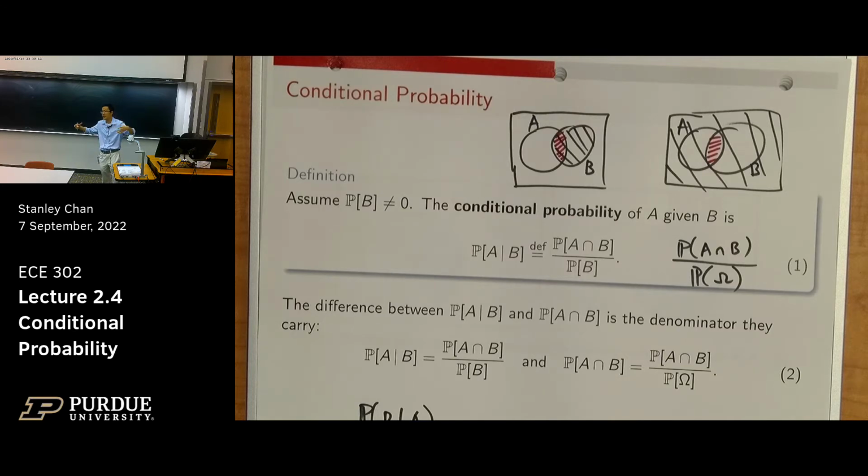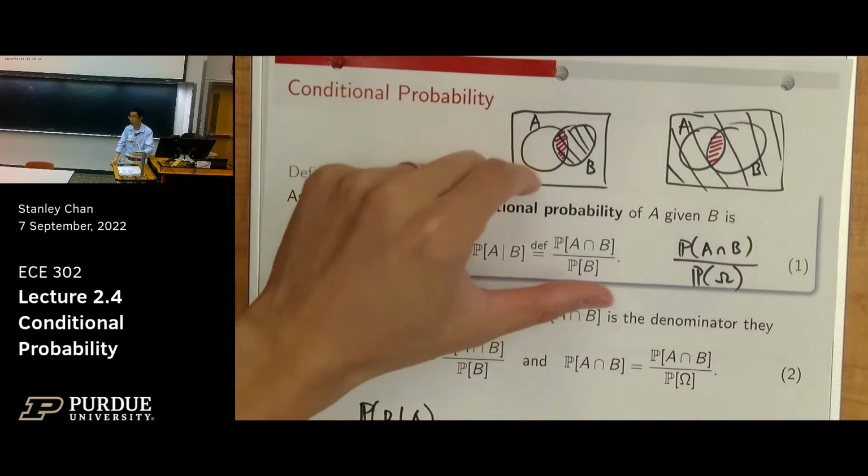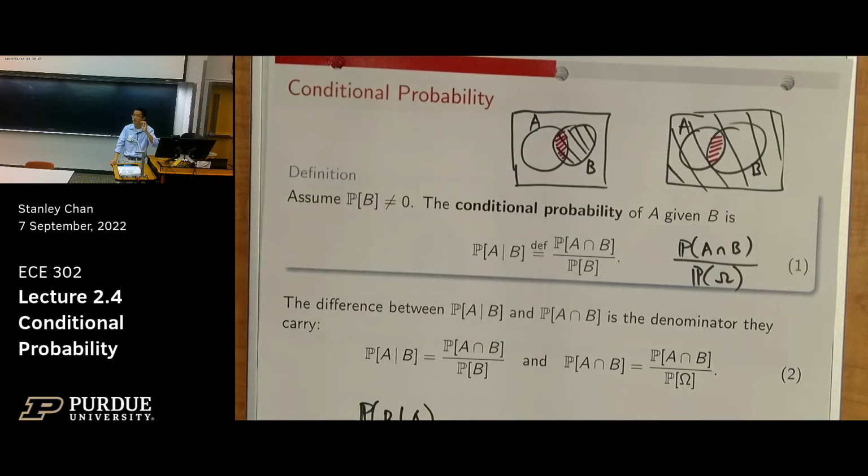Let's say A is a bigger set than B, then the probability of A given B and B given A will be different. That's the logic here. Without doing any calculation, by just looking at the picture, you should have a sense that A given B is not the same as B given A.